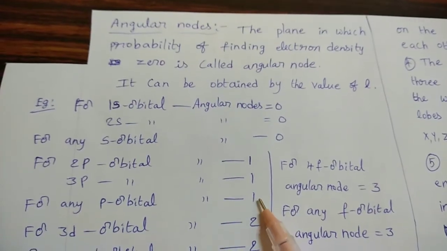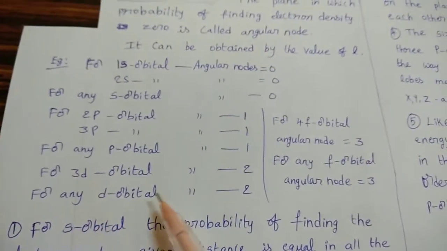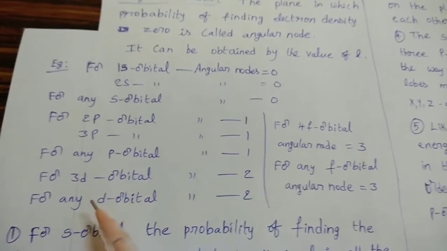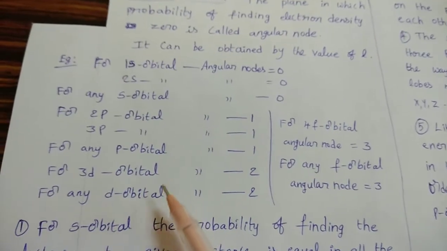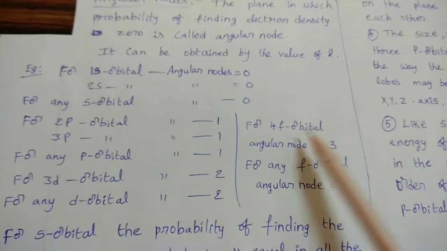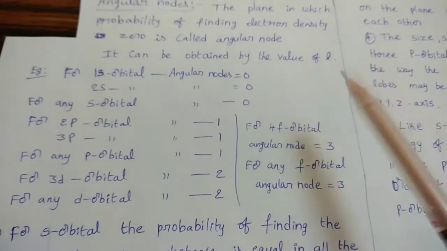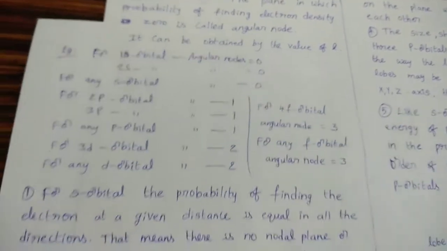That means nodal planes are 1. For s orbital, nodal planes are 0. For d orbital, nodal planes are 2, because for d orbital l value is 2, whether 3d, 4d, 5d. For 4f orbital, angular nodes are 3, because for f orbital l value is 3, so nodal planes are 3.